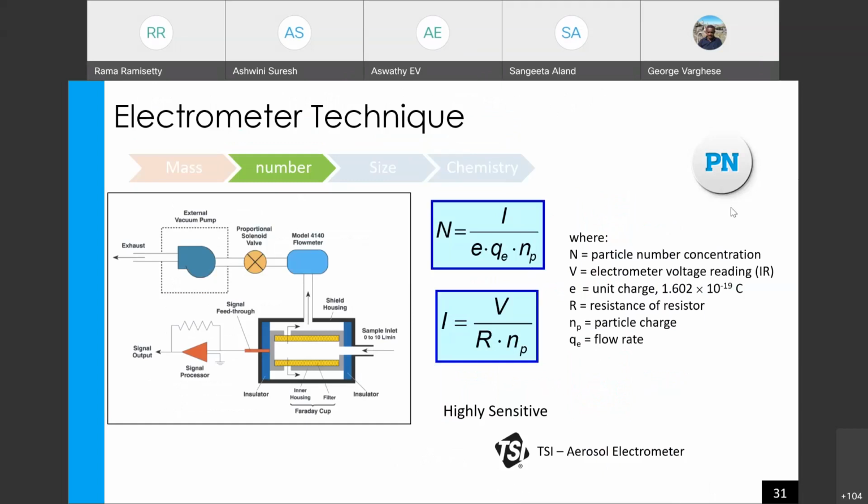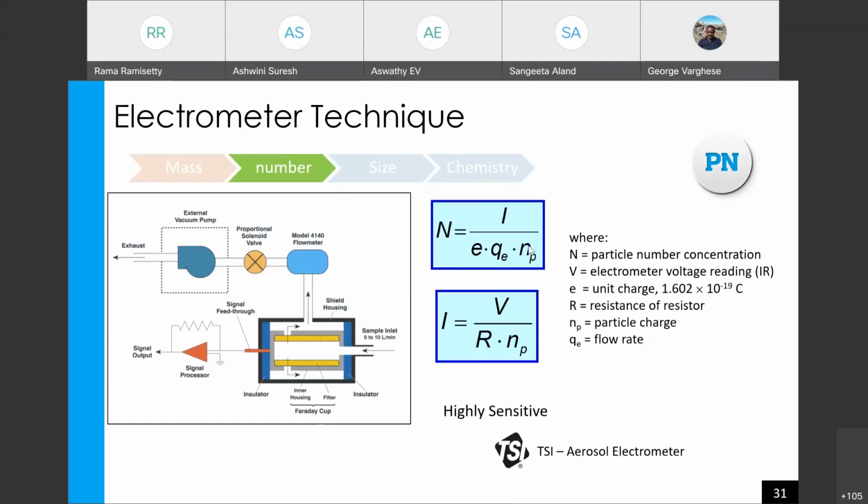There is another standard method, which is used on first principles. This is the electrometer technique. In this, we have a Faraday cup which measures the current based on the charge on the particles. If you look at this equation, the total number of particles is proportional to the charge.